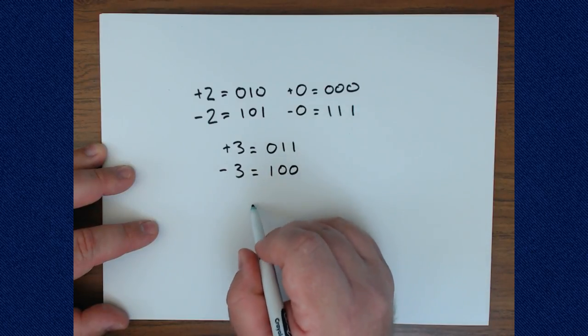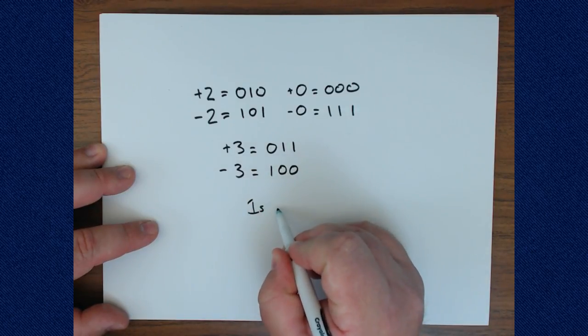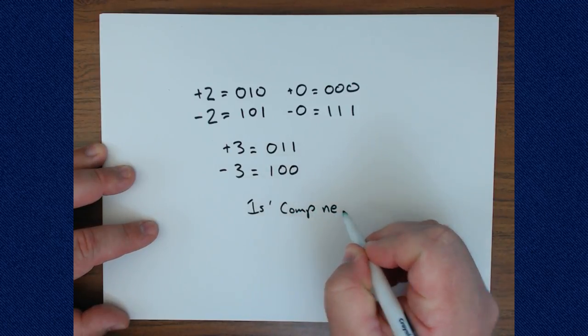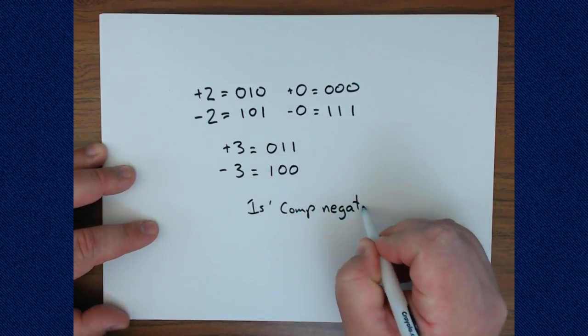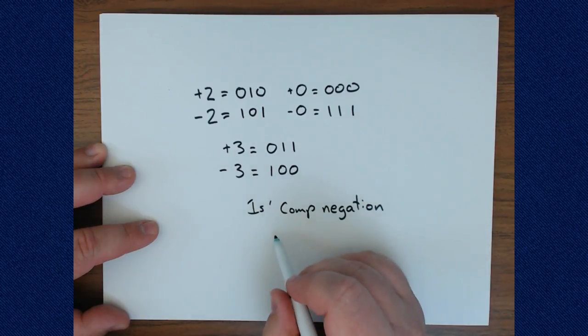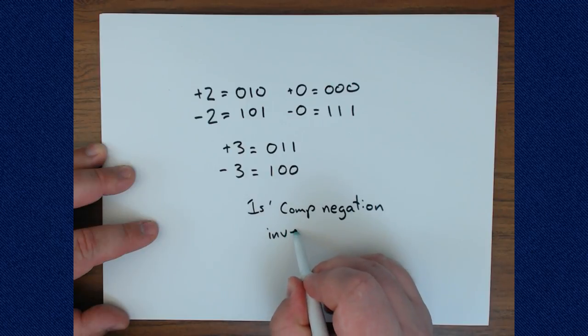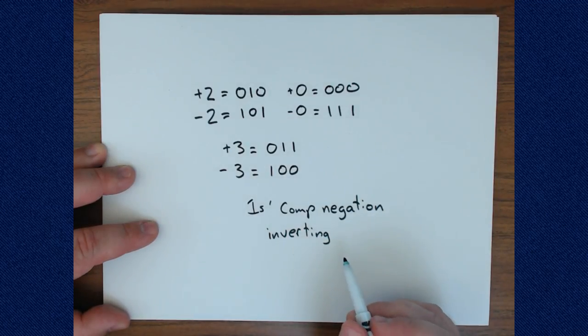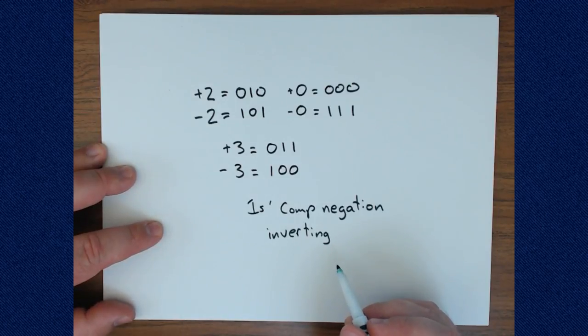Now this is referred to as 1's complement negation. So 1's complement negation is really the same thing as flipping all bits or inverting the value. And that can be done really nicely digitally with an inversion circuit.